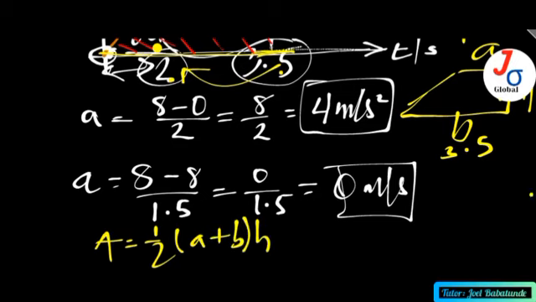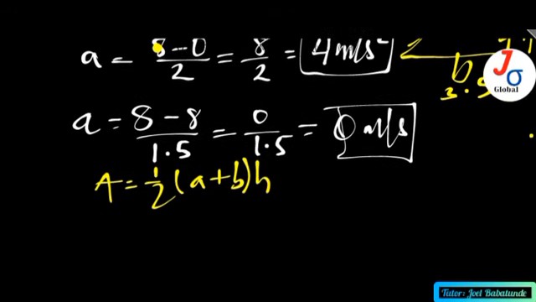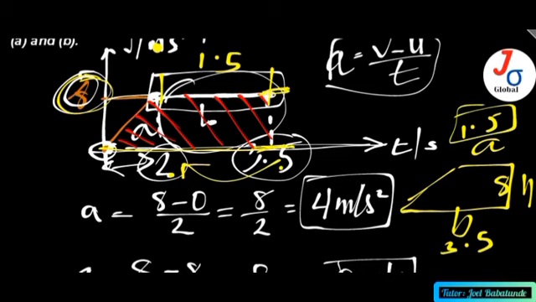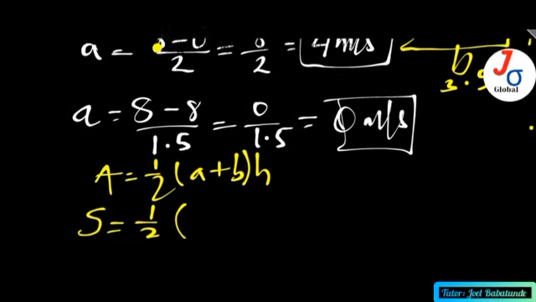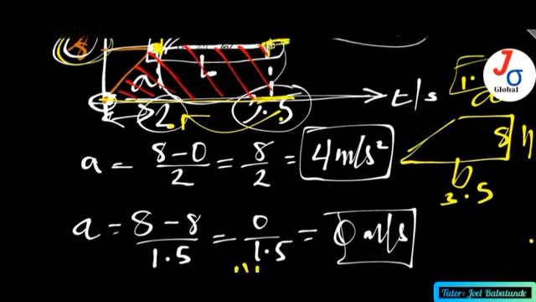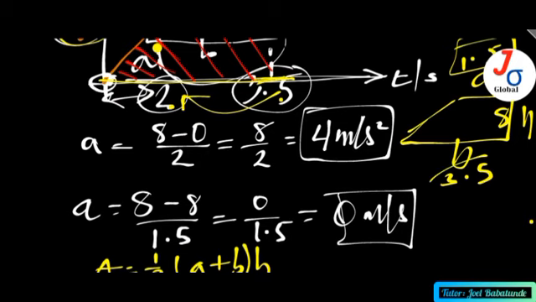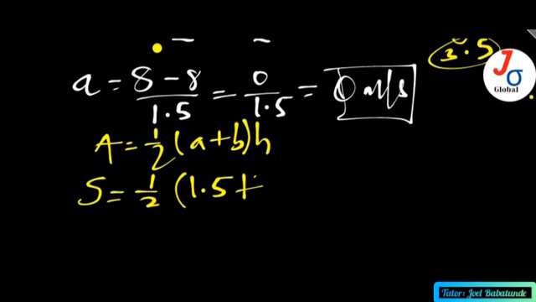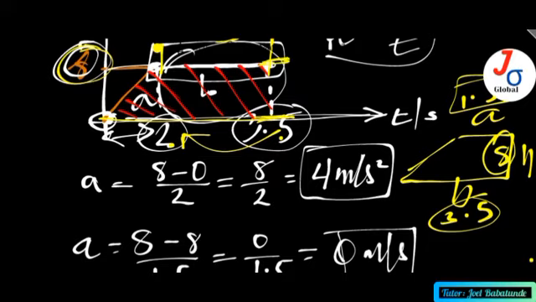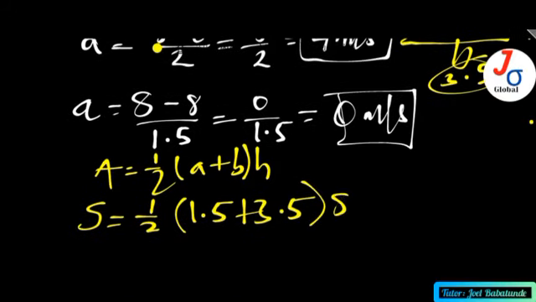So the distance covered would be s equals half times (1.5 plus 3.5) times 8.